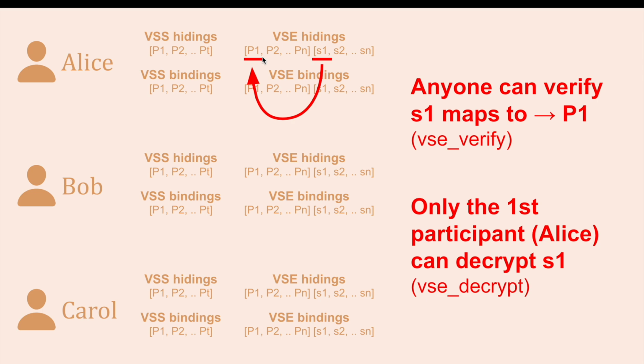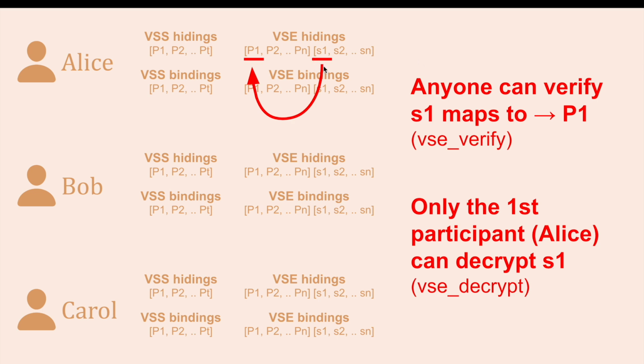And anyone can do it. S1 again is an encrypted value, and when decrypted, it becomes the actual secret value, right? And that secret value then corresponds to the public point P1, the public share. And anyone can verify that S1 when decrypted maps to P1. But only Alice, in this case the first participant, can decrypt it.